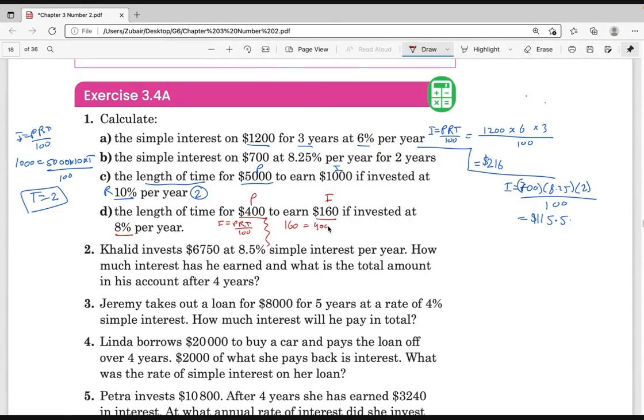Principal amount is 400. Rate is 8%. Time is unknown, divided by 100. So 160 multiplied by 100 divided by 8 and divided by 400. So you get 5. Time is equal to 5 years.